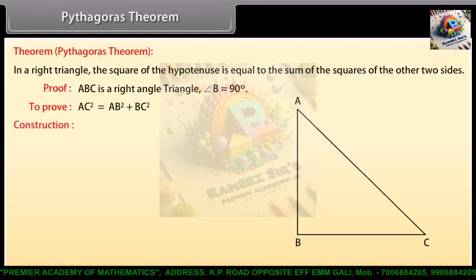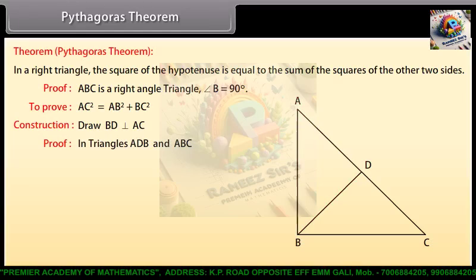Construction. Draw BD perpendicular to AC. Proof. In triangles ADB and ABC, angle A is equal to angle A, common. Angle ADB is equal to angle ABC, each 90 degrees.